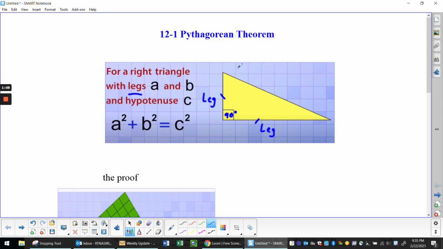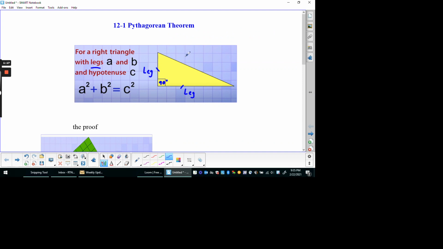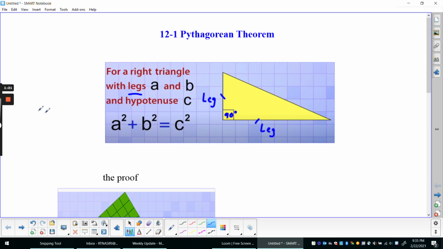Of course, this longest side is called the hypotenuse. So it's not the leg, it's the hypotenuse. So we have the longest side here. And that is the hypotenuse.